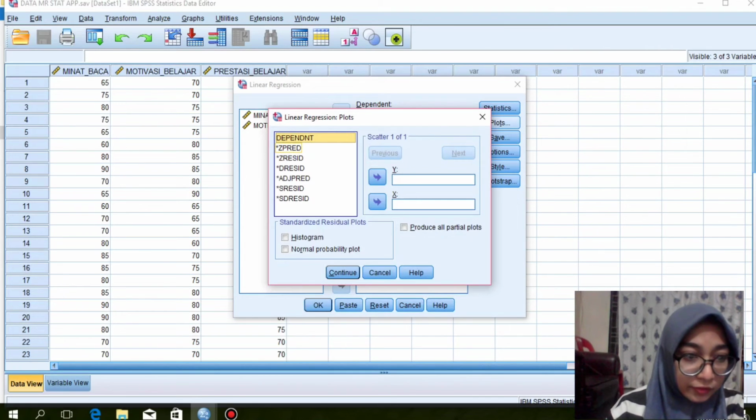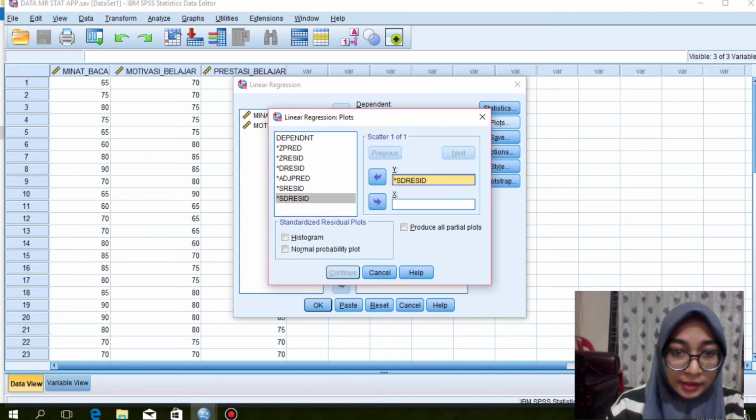Next, for the Y column, we choose SRESID and ZPRED, enter the X column, click next, ZPRED, enter the Y column, and dependent, enter the X column.